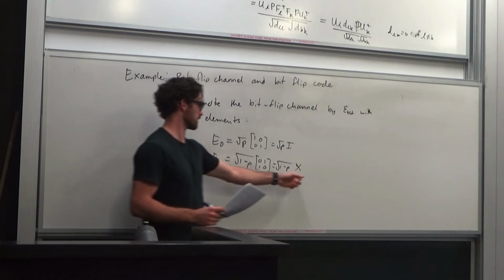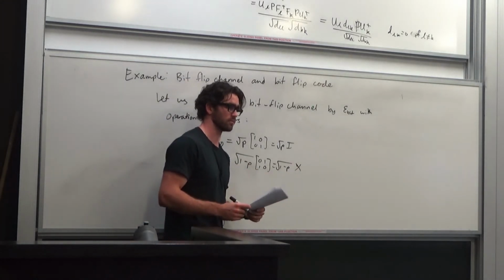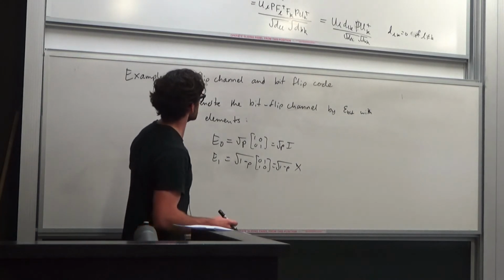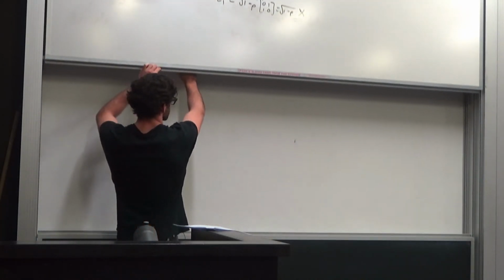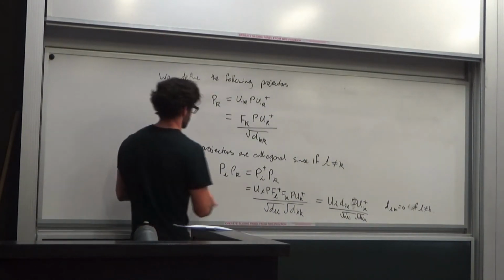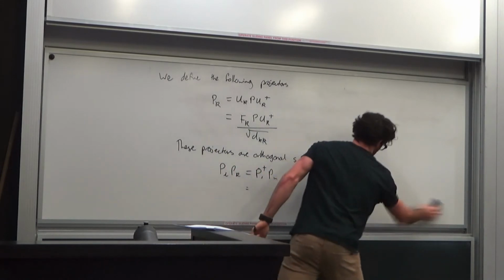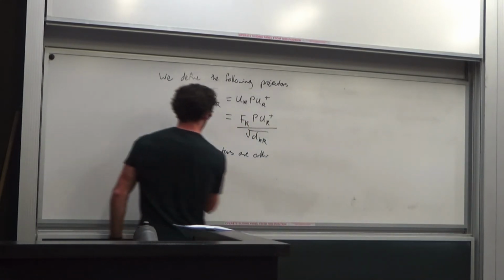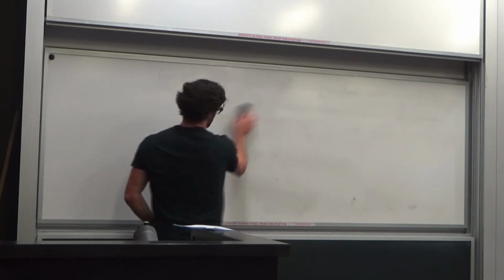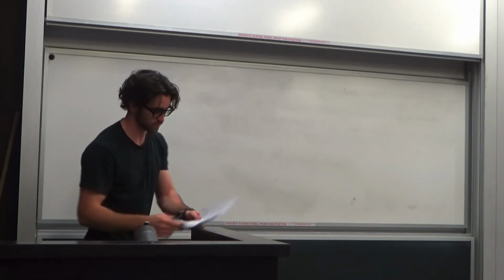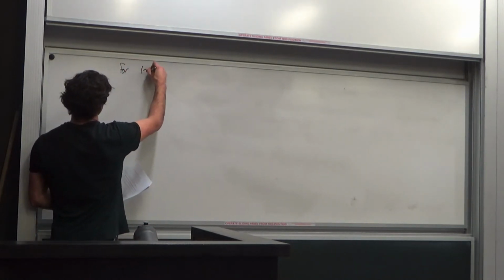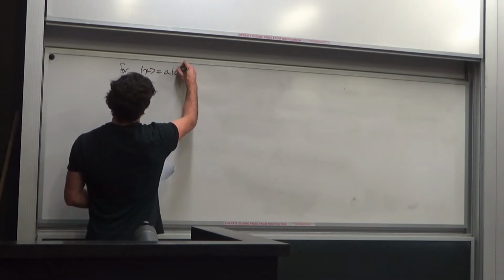With probability 1 minus P, it acts as X, or bit flip on the state there. So we can draw the encoding circuit as follows. All right, so we encode this state.